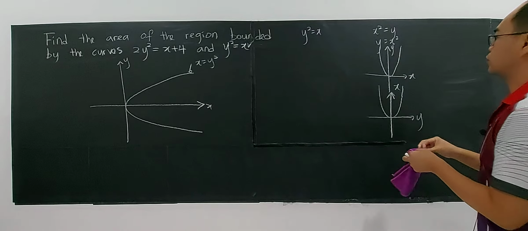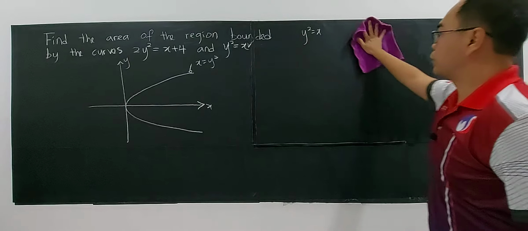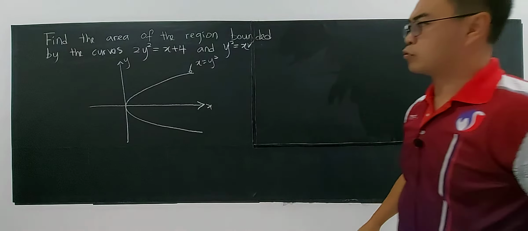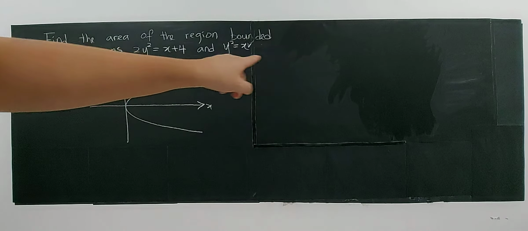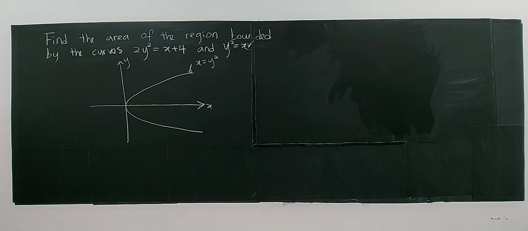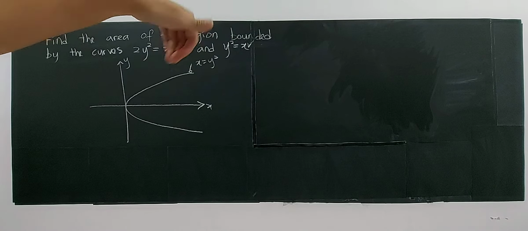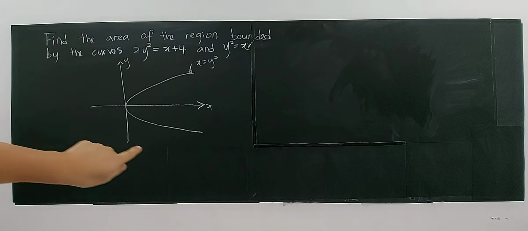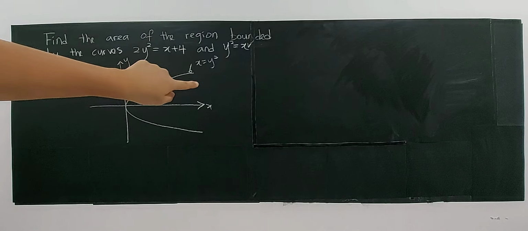Okay, done with this curve, and let's move on with this. Usually I prefer students, before they sketch, to find out whether these two curves are intersecting or not. How do we know whether these two curves are actually intersecting? Meaning, do they meet each other, or do they just go through, or they forever won't meet, or they will meet somewhere here.